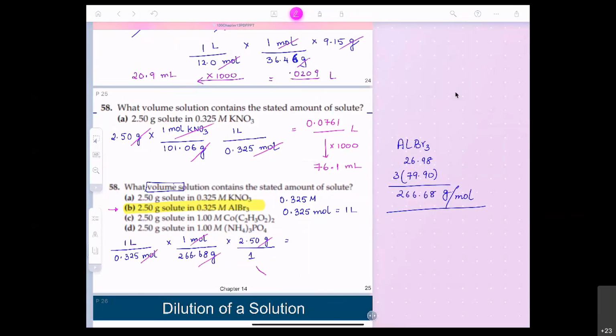Now, whether you want to write this one or not is optional. You don't have to. Yeah, you have the right answer. Good.